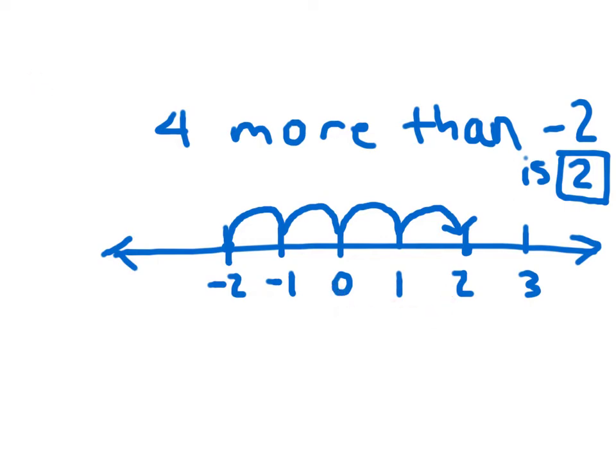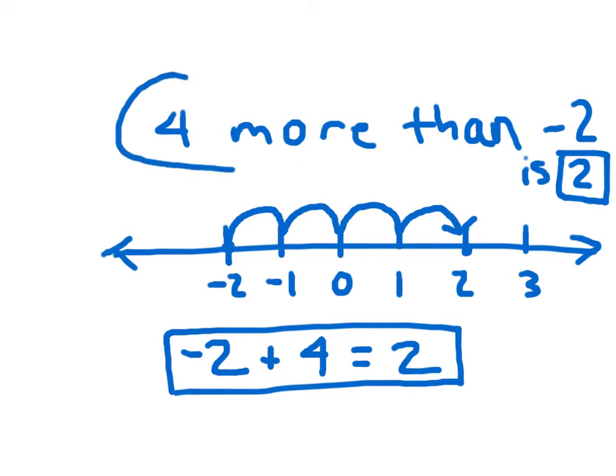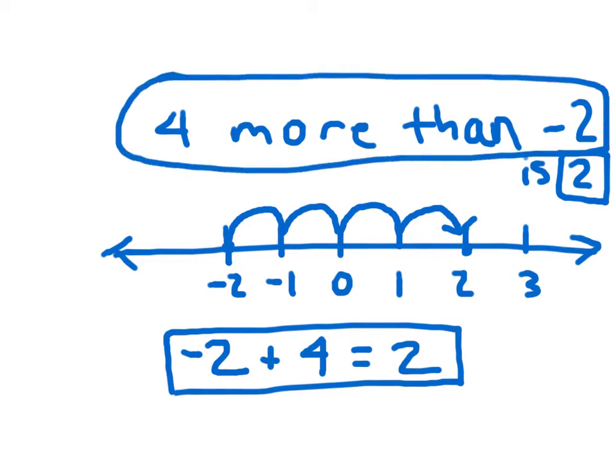The number sentence that would go with this is we would start at -2. 4 more than -2 would be adding 4, and that's why we move to the right on the number line there. -2 plus 4 is 2. That's the appropriate number sentence that we would put for those words there.